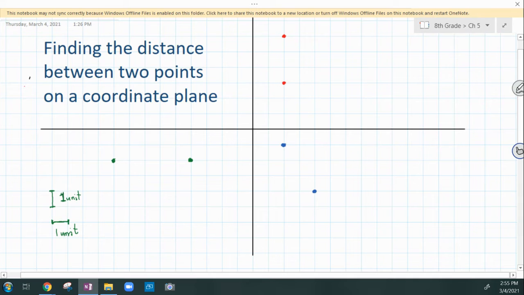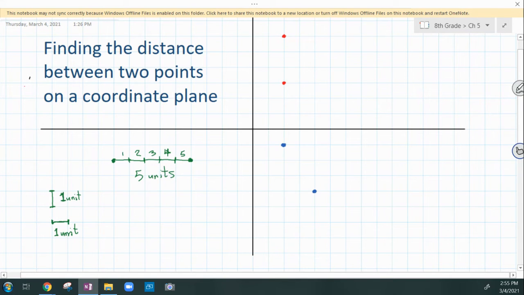So how many units apart are my green dots? Pretty simple, right? There's 1 unit, 2 units, 3 units, 4 units, and 5 units. So that's 5 units long.